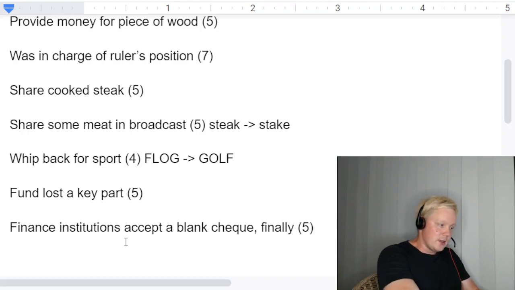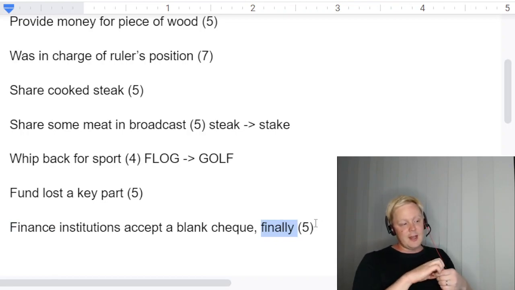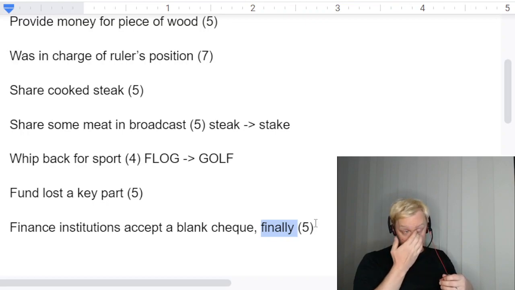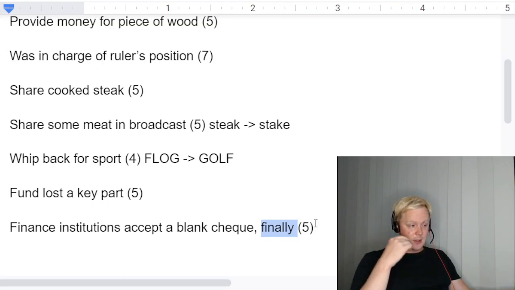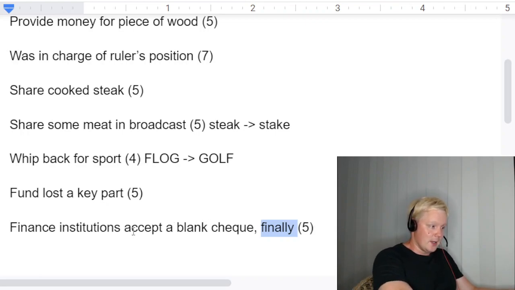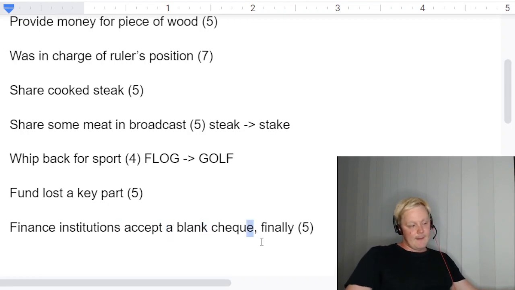So the definition is at the start, and the indicator here is finally. If you see a word like finally, it means final letters. So here, if we select the final letters, S, T, A, K, E, we get the word steak.